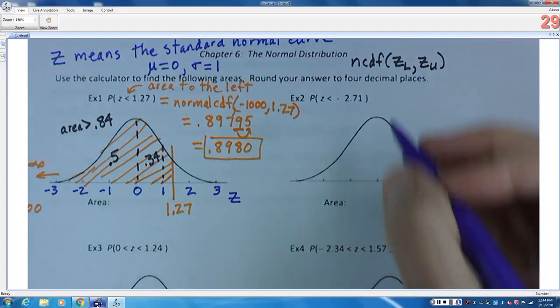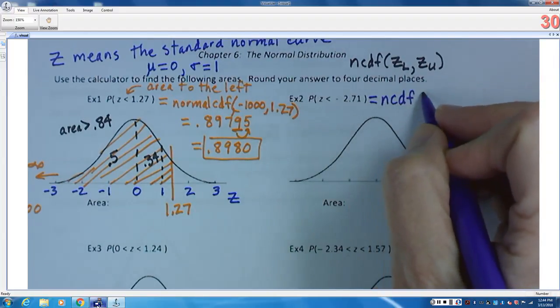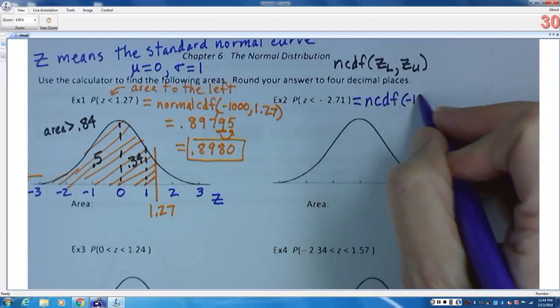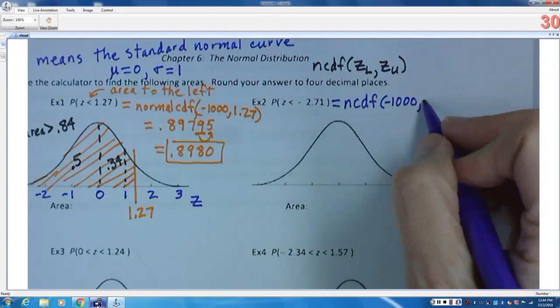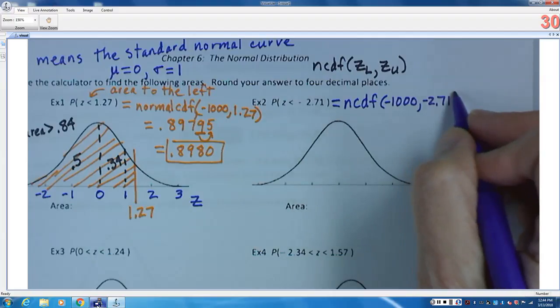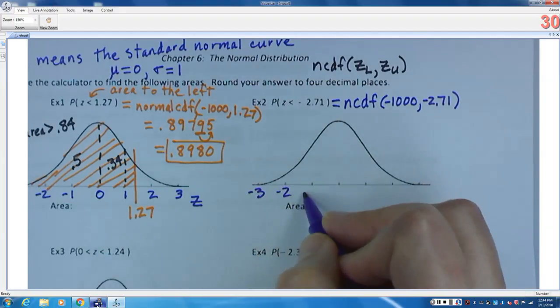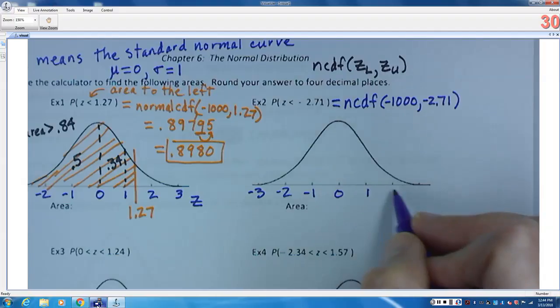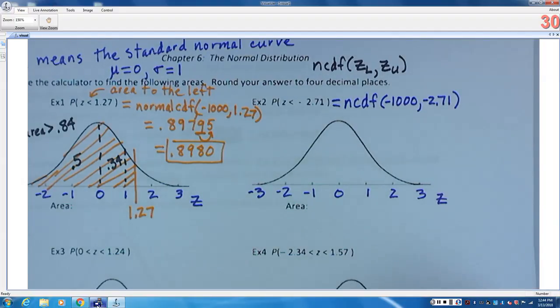We can write NCDF to shorten it. It's going to be negative 1,000, because we're doing less than, to negative 2.71. This is minus 3, minus 2, minus 1, 0, 1, 2, 3, because it's Z on the horizontal axis.